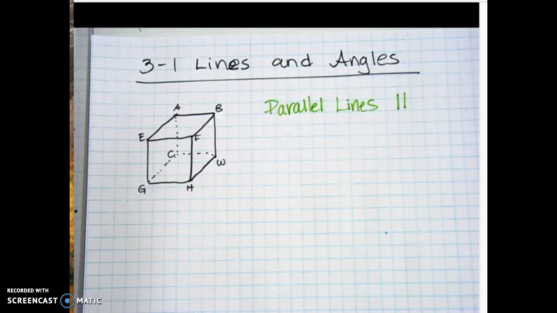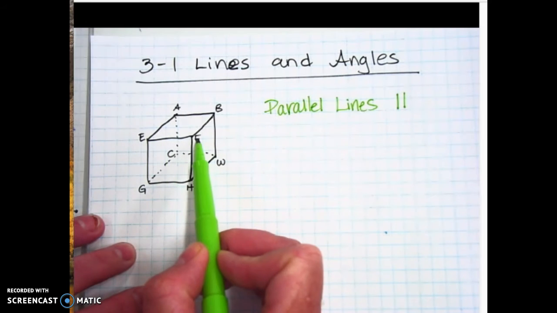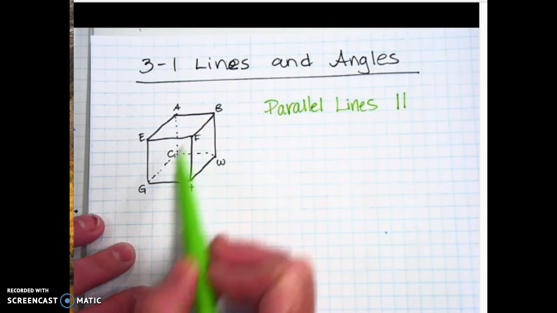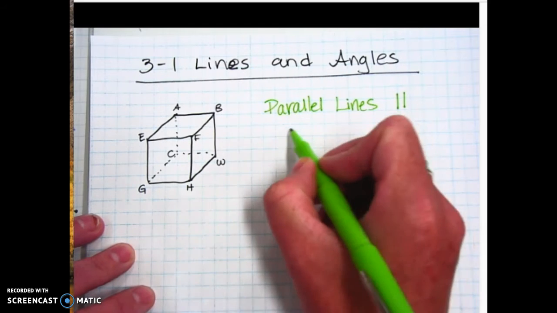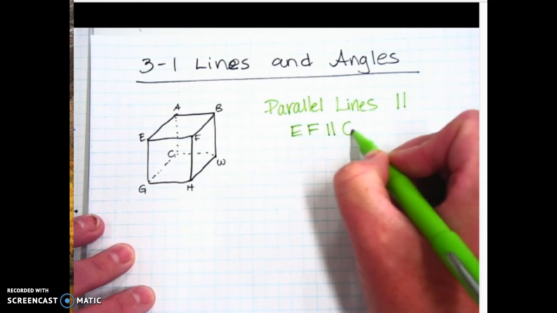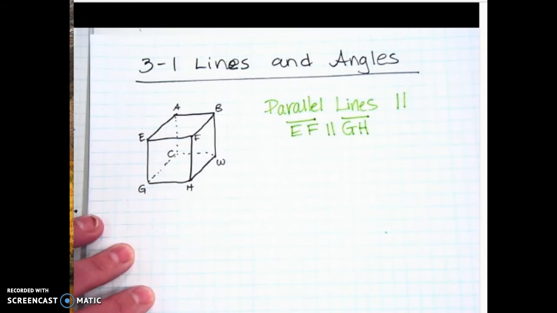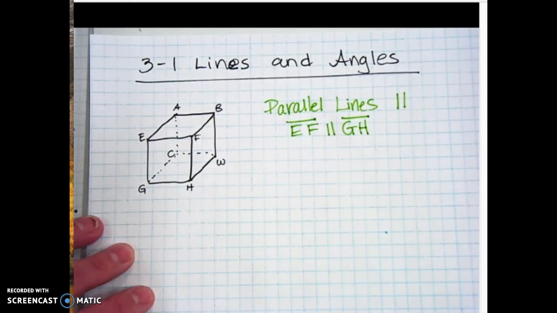We're just going to list one. I'm going to say that EF is parallel to GH. Okay, so segment EF is parallel to segment GH.